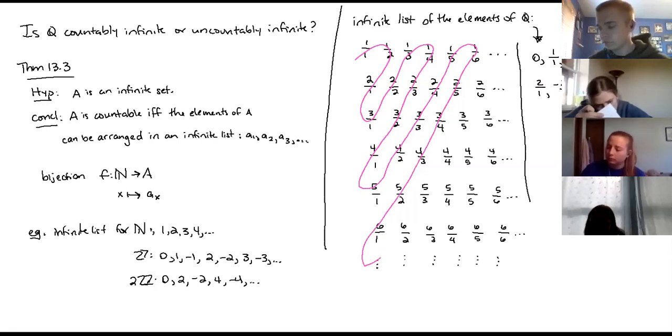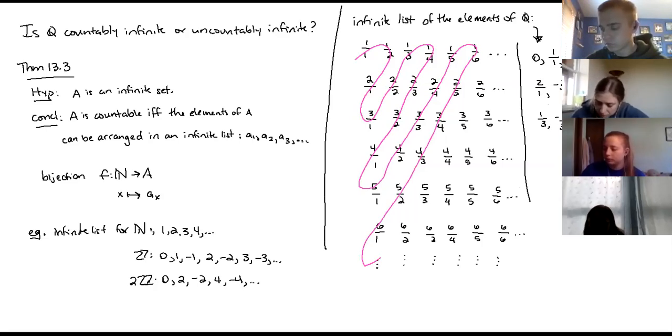3/1 and -3/1. 2 over 2, and negative 2 over 2. 1 over 3 and negative 1 over 3.